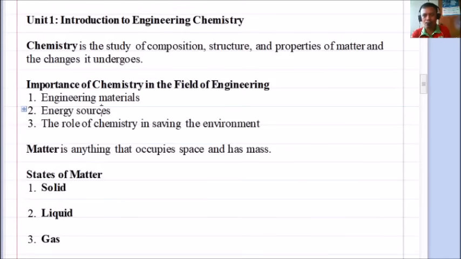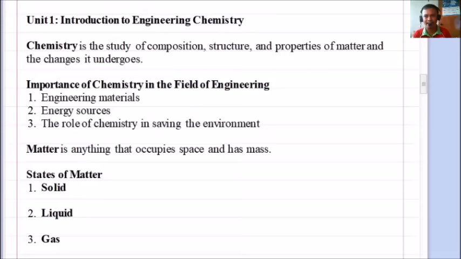It will be in terms of its composition, not only outside but also inside. That's why we have structure and properties and some changes that different kinds of matter go through.